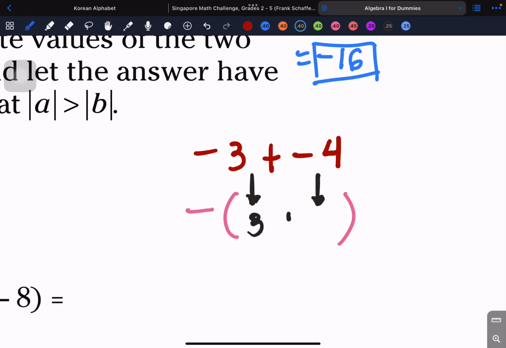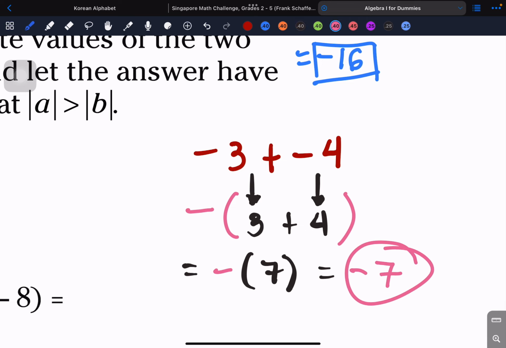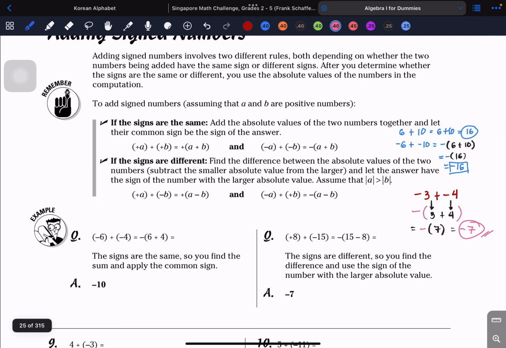So that's 3 plus 4. So now our answer is going to be negative of 7, which is just simply equal to negative 7. So yan.